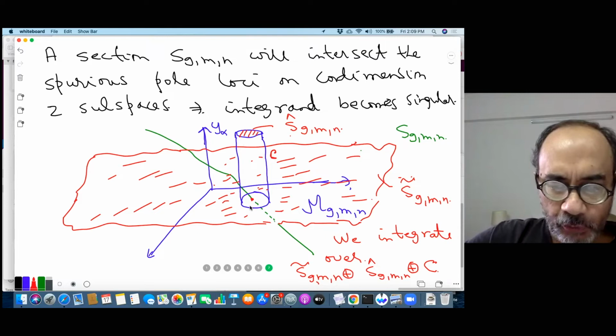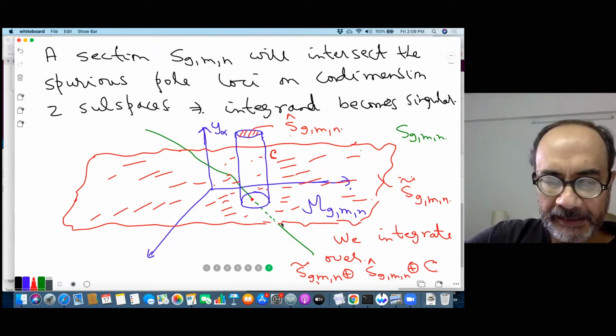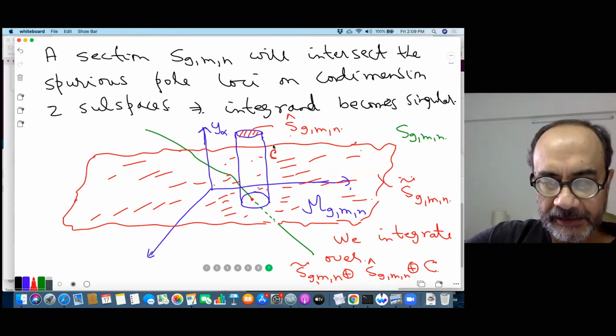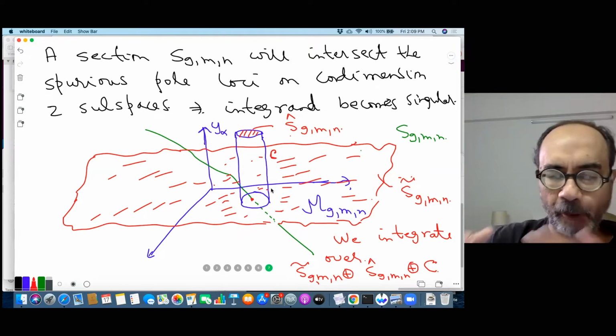Now, from this figure, it should be clear that S tilde doesn't intersect the spurious pole. Neither does S hat. So these integrals don't have a problem. But the cylinder does. And it's not surprising, because there is a topological obstruction.